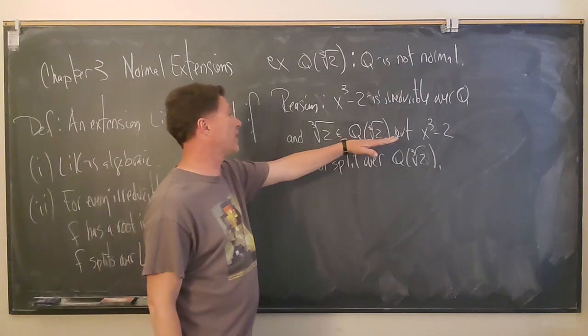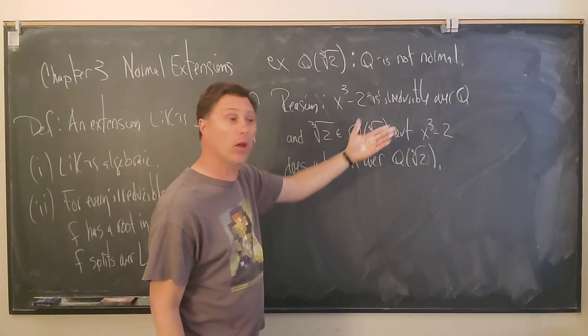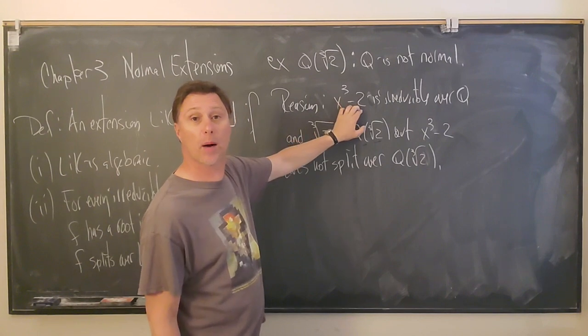Right. This field contains one of the roots, but it doesn't contain all of the roots of this polynomial right here. It's missing the complex roots.